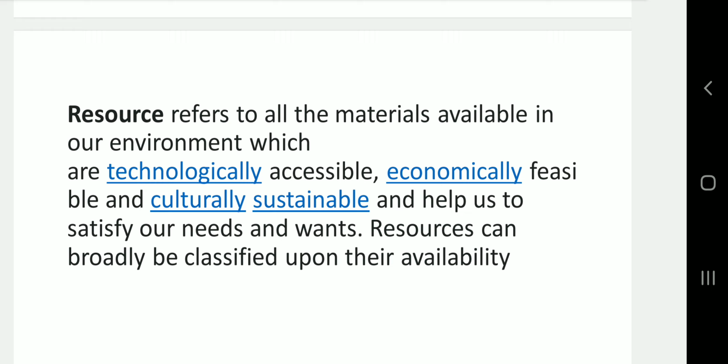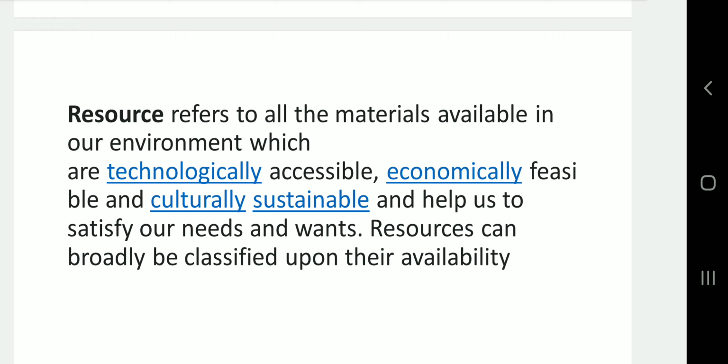Although iron, petroleum, and other things were available on the earth, there was no technology to access or use them. So for Stone Age people, iron, different kinds of metal, and petroleum products were not resources. They were available on our earth, but not technologically accessible. They were using stone as a tool for hunting and for their livelihood. So a resource has to be technologically accessible.